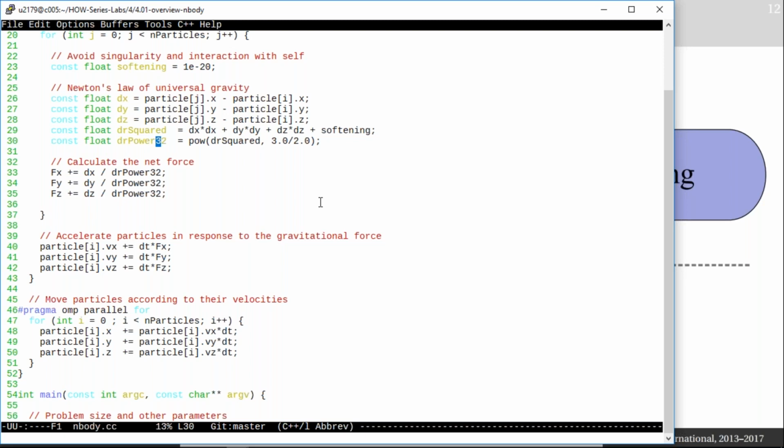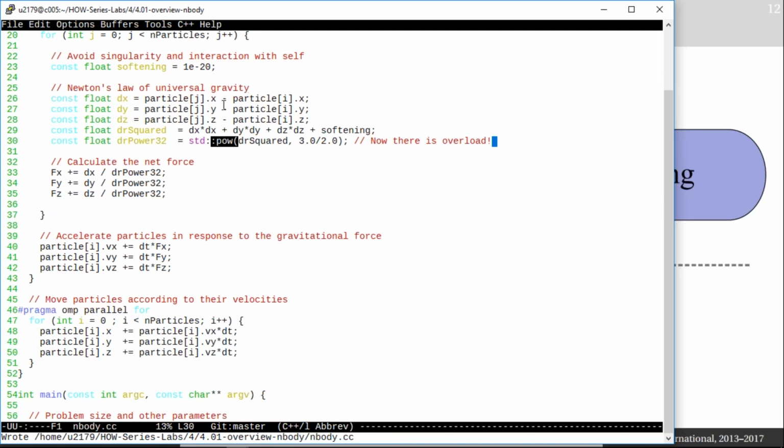So one catch is that the power function in the global namespace is not overloaded. It is only overloaded in namespace std. Okay, so in namespace std, the type of the arguments will determine the type of the function.